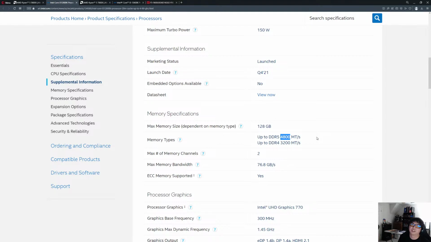Because this one's official spec is 4,800, you're really playing the silicon lottery in terms of trying to see if you get a good IMC in order to run well above 4,800. So that's something to keep in mind.